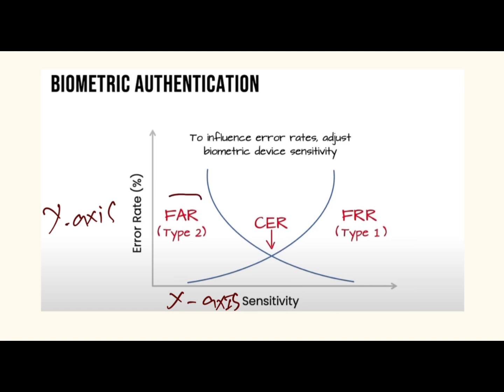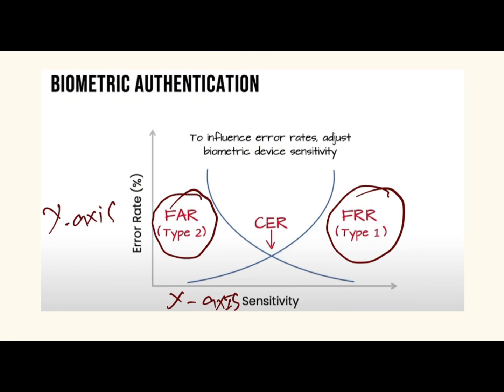So false acceptance rate and false rejection rate, right? So false rejection rate is type 1 and false acceptance rate is type 2. We have discussed this in our previous video.